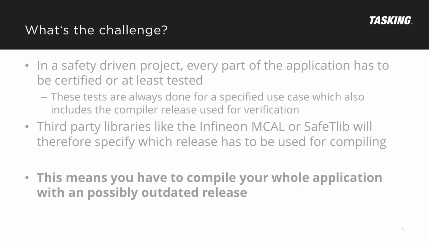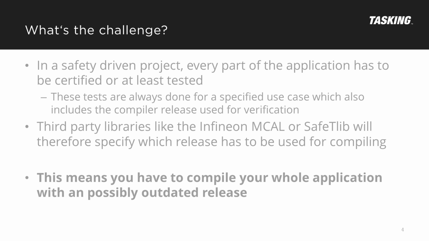And what does this mean for your application? You can't simply take, like back in the old days, your whole software and say, okay, there's a newer compiler release, we just take all the application and compile it again, because if it works somehow, it's okay. You can't simply do it with all the most recent compiler and safety requirements. So the challenge at the moment is that most customers are stuck to, for example, the 4.2 R2 release.